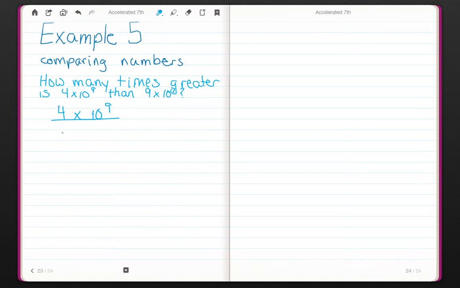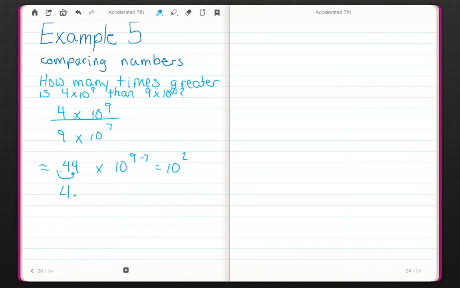Then I'm going to divide by 9 times 10 to the seventh. So 4 ninths is approximately 0.44 times 10 to the 9 minus 7, or 10 to the second. Now I can't have 0.44, it's smaller than 1, so I'm going to move that decimal one place to the right.